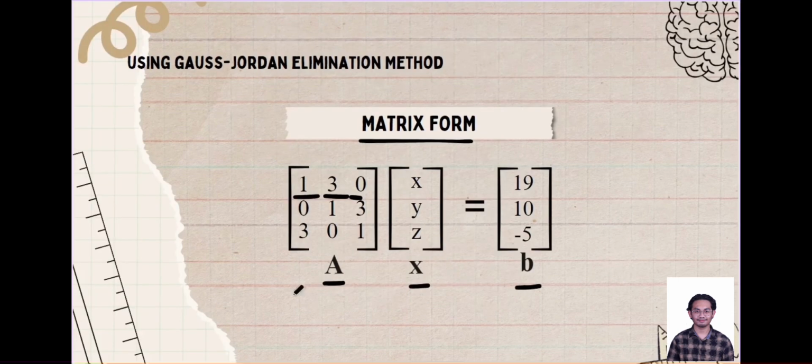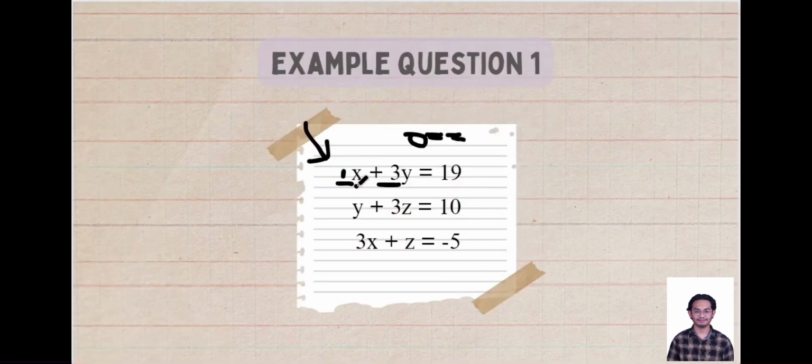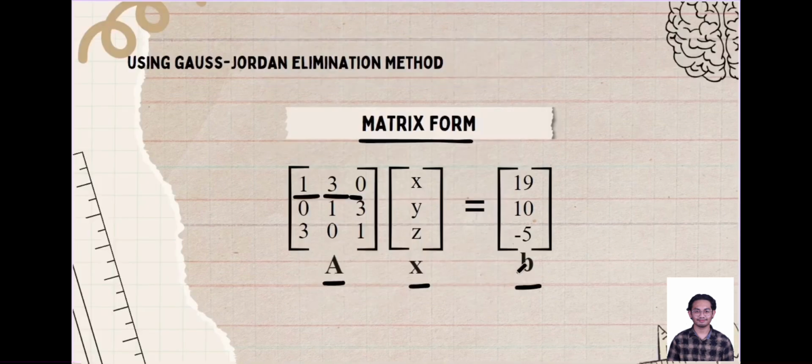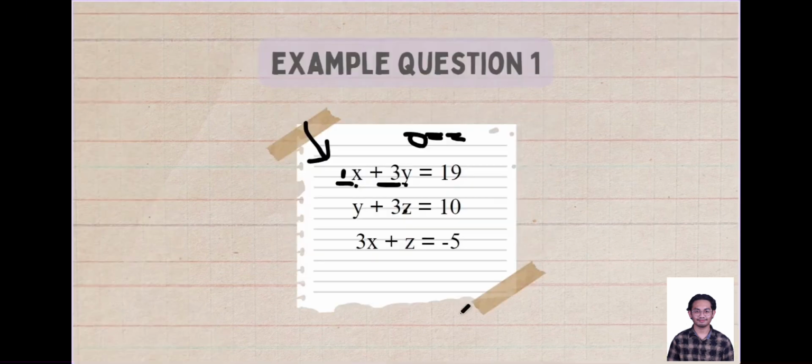X is the variables of the equation, which are x, y, and z, and B is the right hand side of the equation, which is 19, 10, and -5.